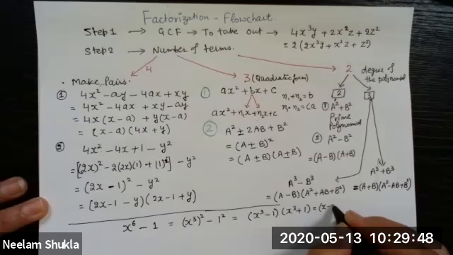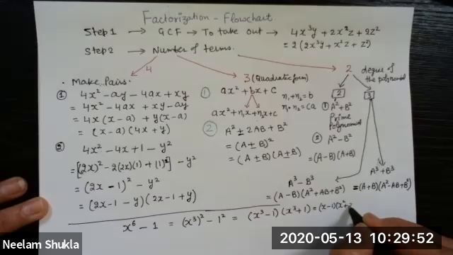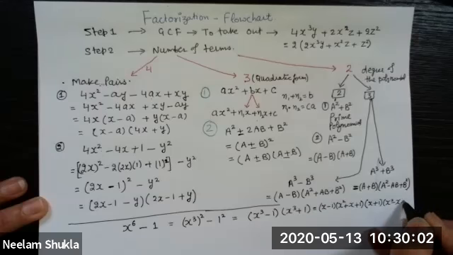The first one will be x minus 1 times x square plus x plus 1, and the second will break into x plus 1 times x square minus x plus 1.